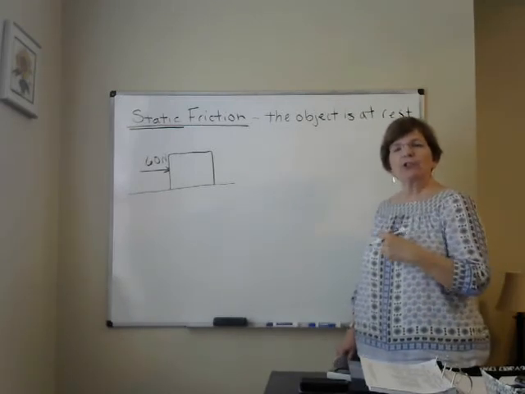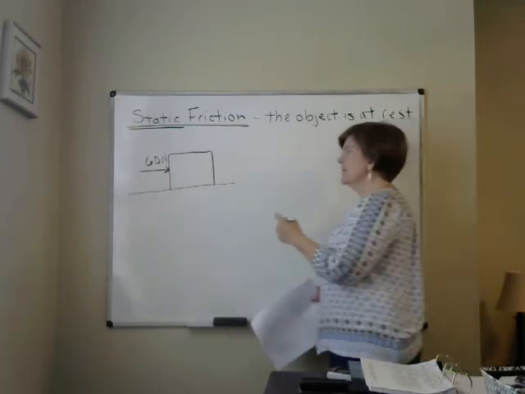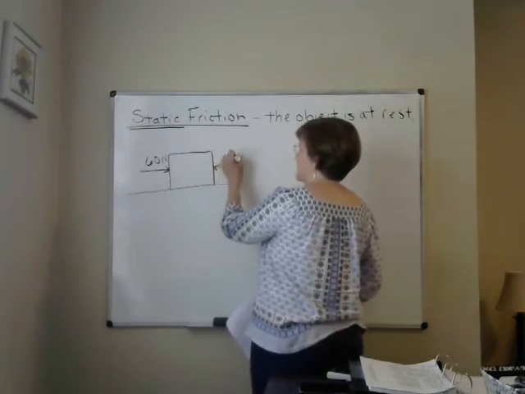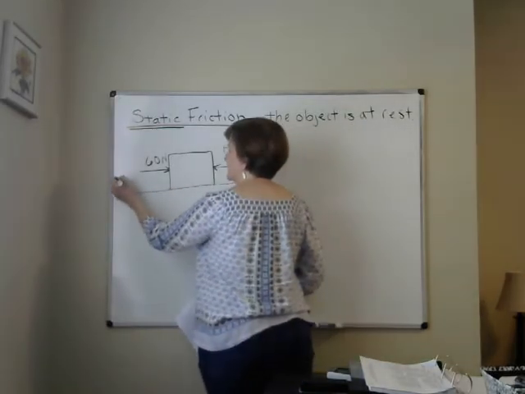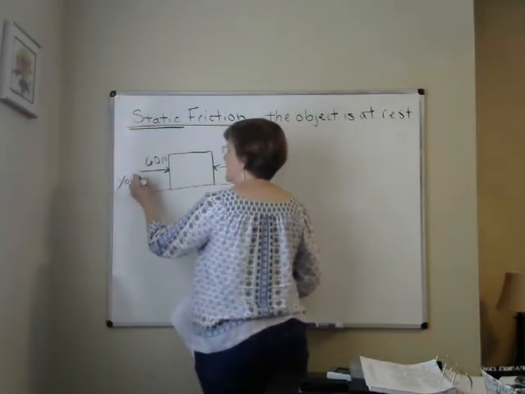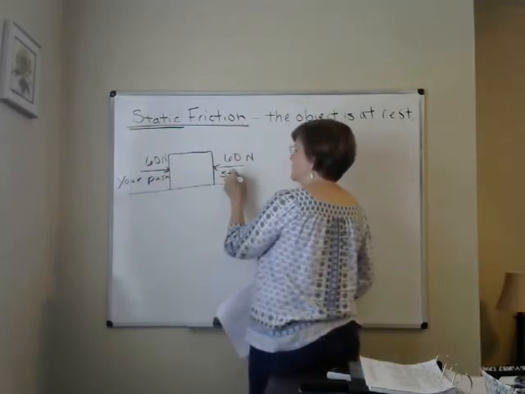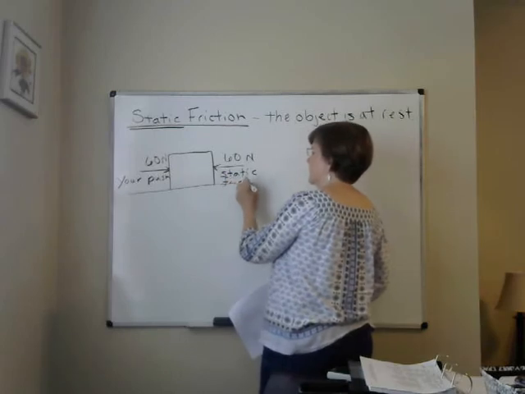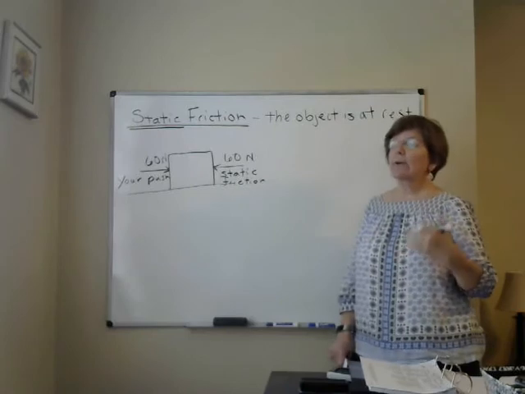If you're pushing on that object with 60 newtons and it won't budge, something's pushing back with 60 newtons. And that something that's pushing back is static friction. So this is your push, and this is static friction.